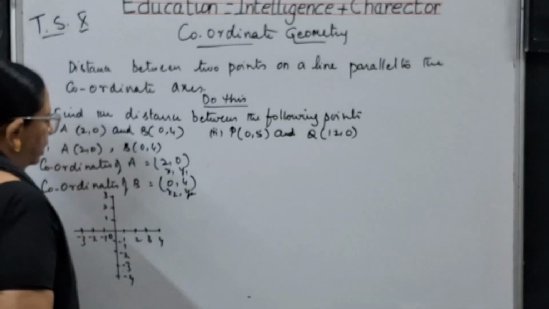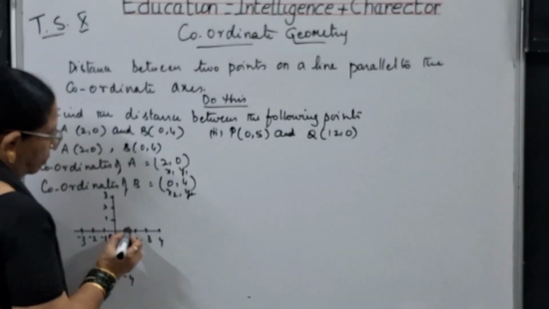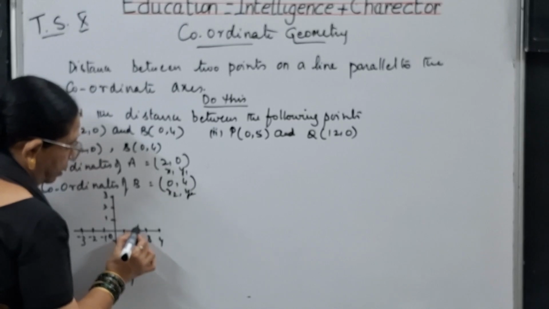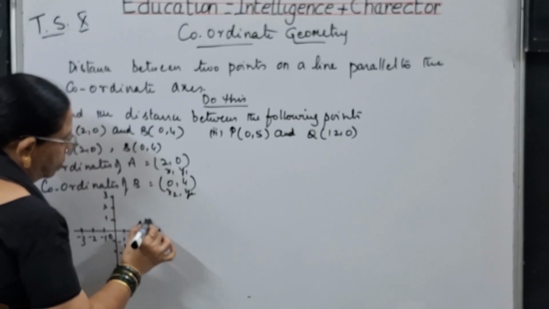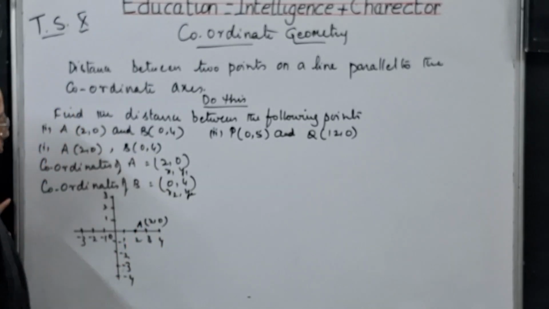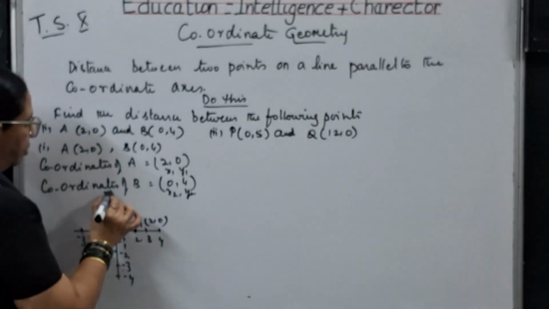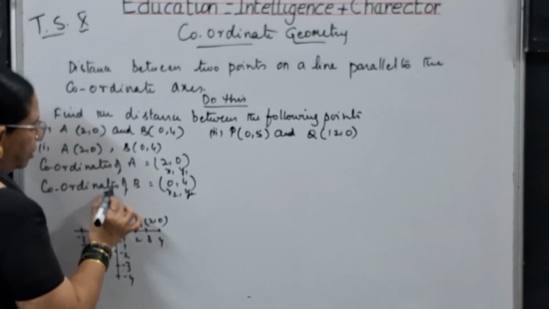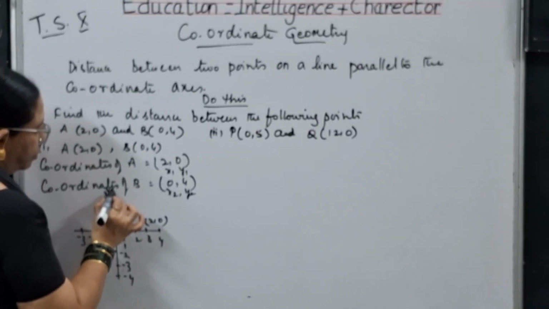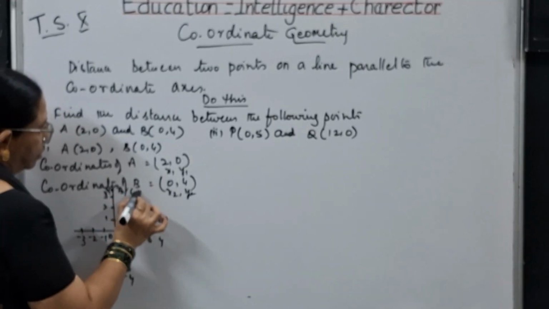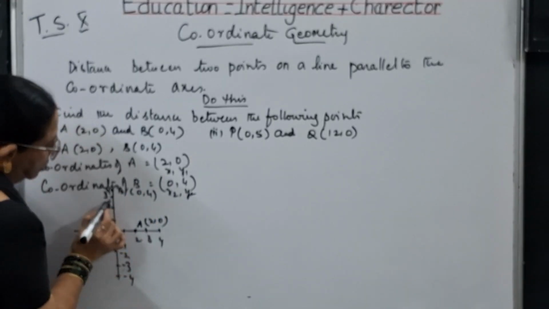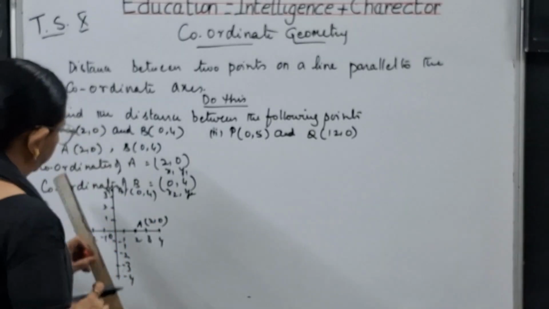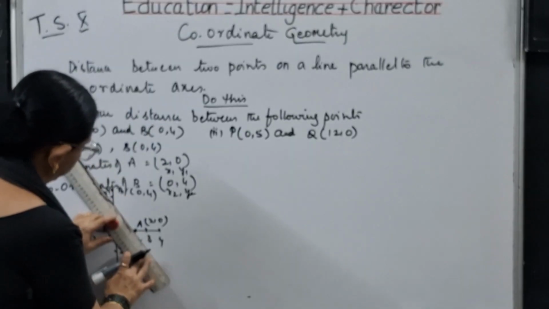So first A is (2, 0). So this is the point A, (2, 0). And B is (0, 4). So I should extend it. So this is the point 4. So this is B, (0, 4). So let me join B and A.